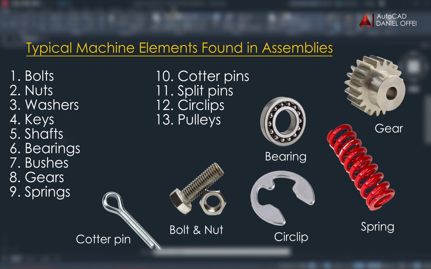Examples are bolts and nuts, washers, keys, gears, bearings, pulleys, and so on. All of these elements are used to assemble parts. In our next session, we'll see how these elements are represented on paper.